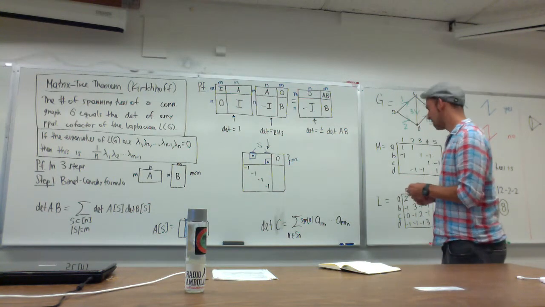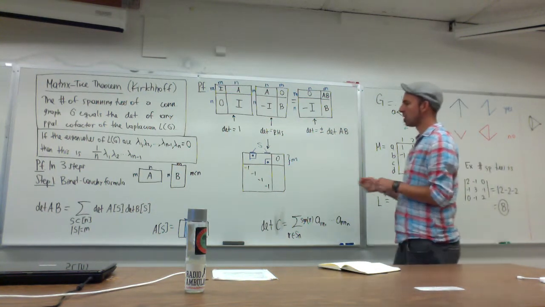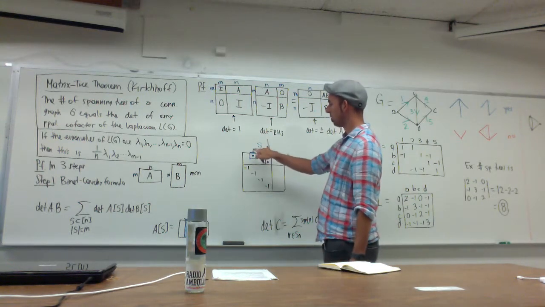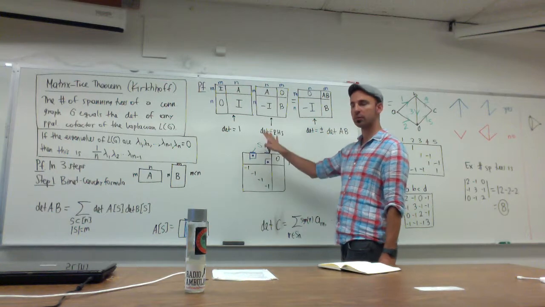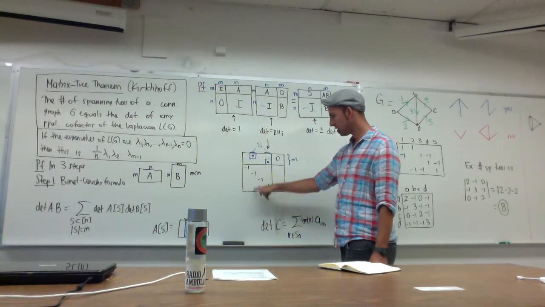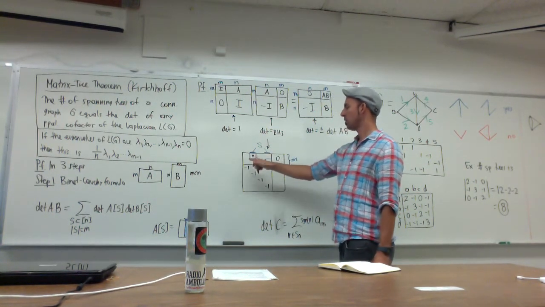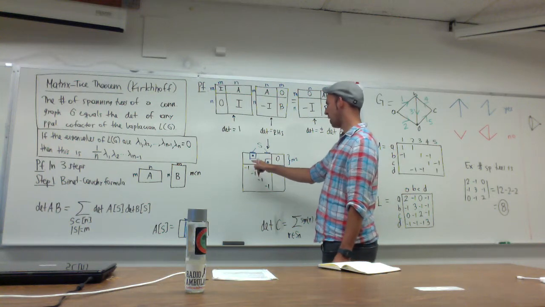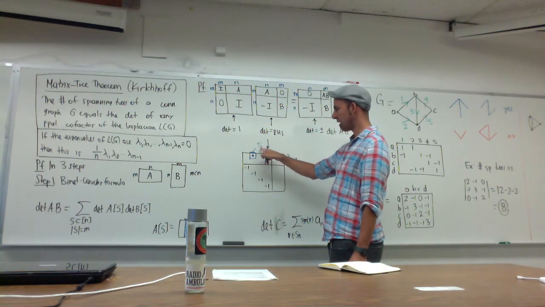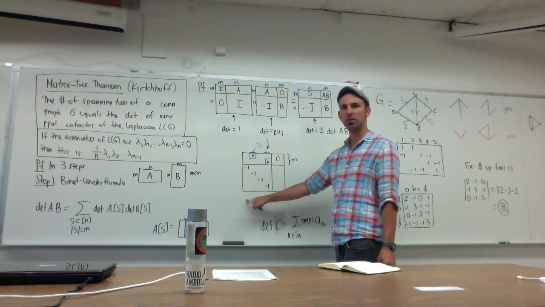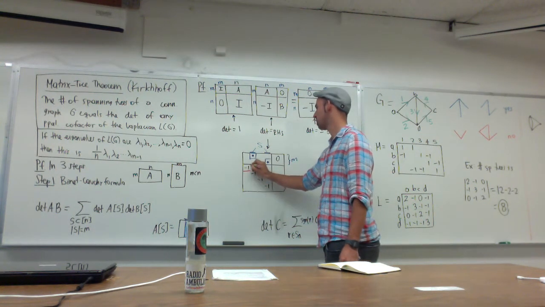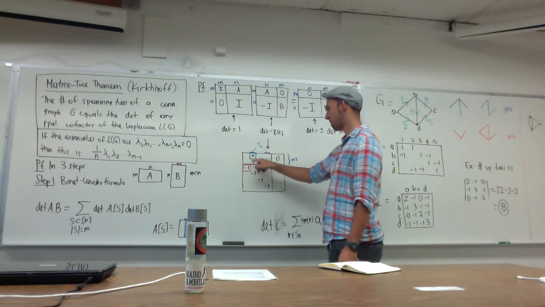What happens is that I need to choose one entry in each one of these columns. Right? And I already chose in this column, and I'm saying that in S I only choose these two entries, which means that in this column I didn't choose anything yet, so I have to choose this minus 1. Here I chose blue.